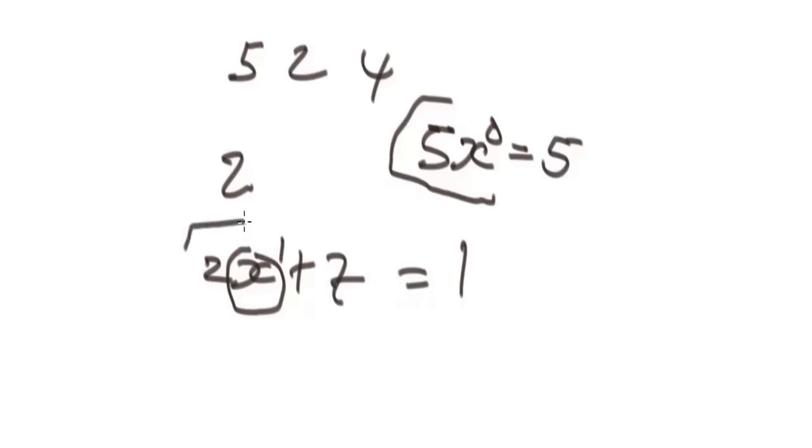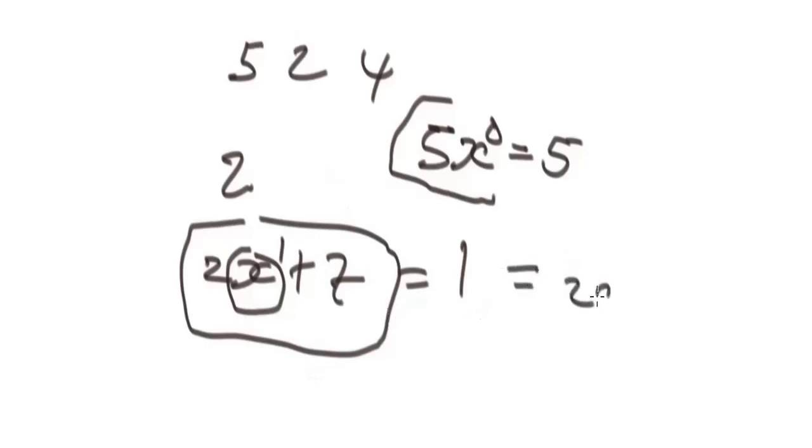In this example, the leading term is 2x, whereas the leading coefficient is 2. A coefficient is simply a number behind a variable. So in 2x, the variable is x, and the number behind it is 2.